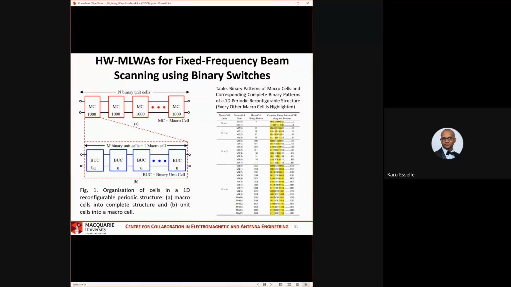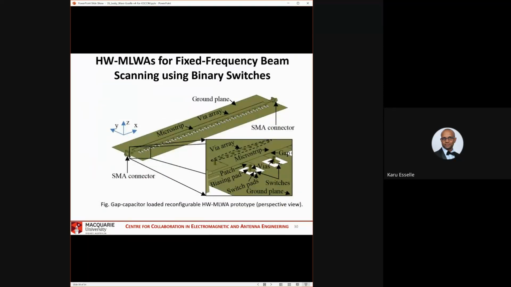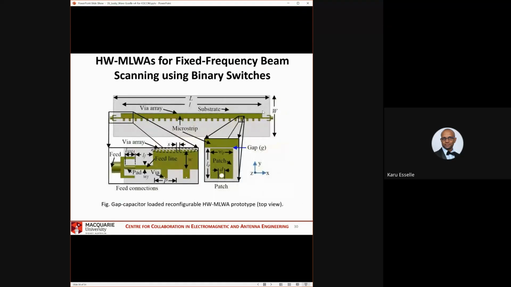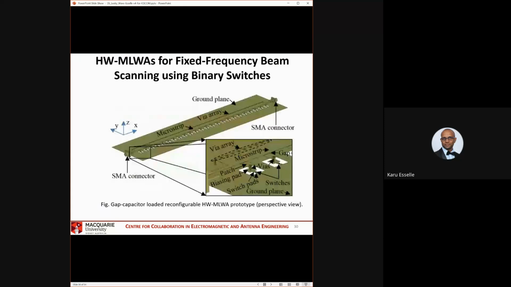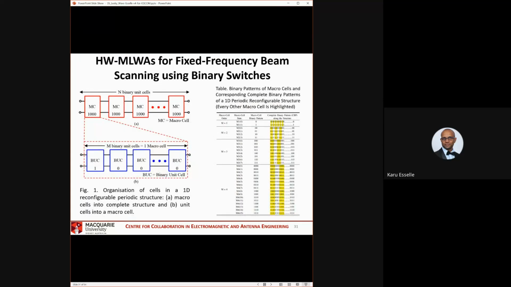Pretty much you can apply any binary combination you want. For example, if you have 24 switches in this antenna along the length, 24 unit cells, then how many binary combinations can you have? 2 to the power 24, right? 2 to the power 24 different states this antenna has.